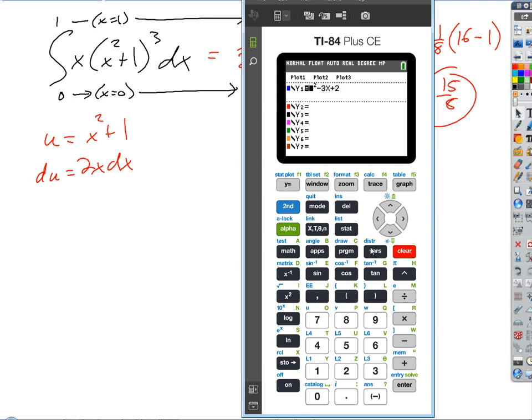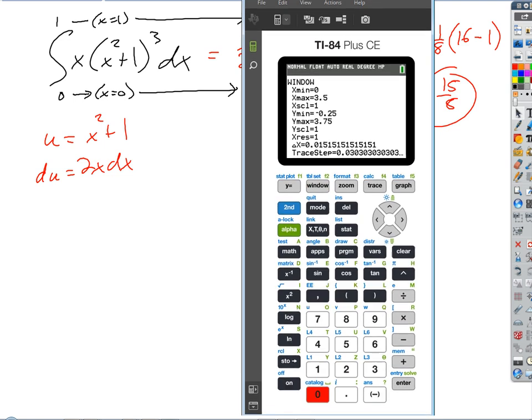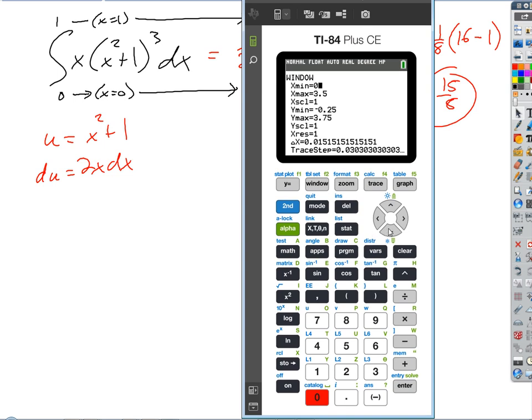So we've got the quantity x times the quantity x squared plus 1, cubed, right? And let's graph that on the interval from 0 to 2. Okay, and we'll go zoom fit.